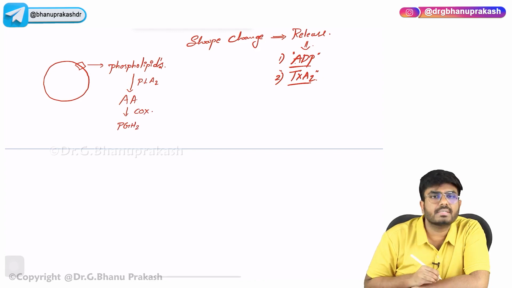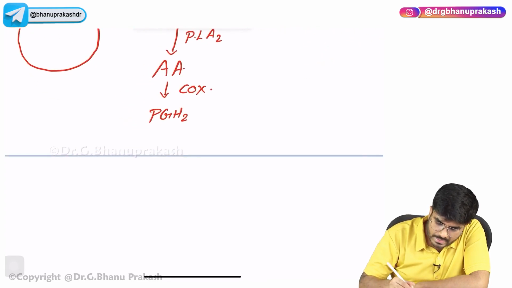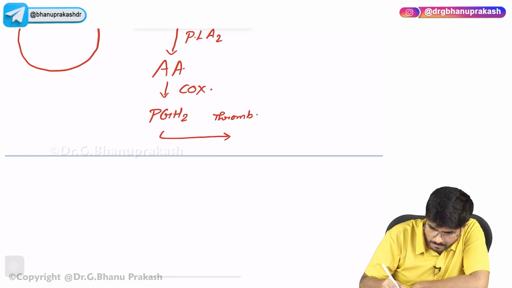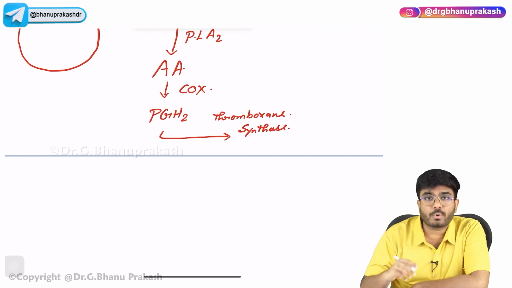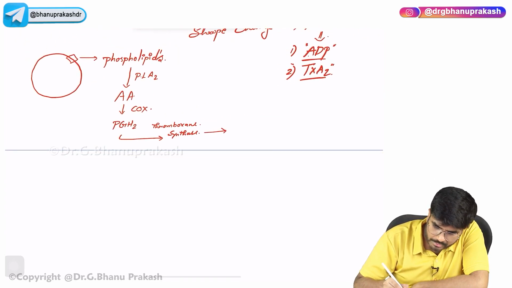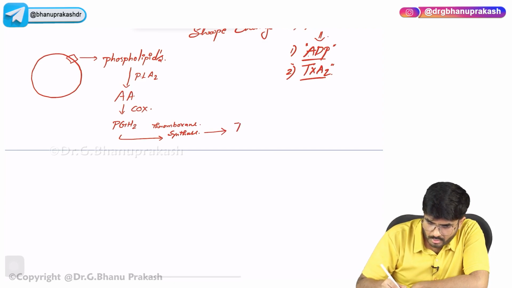Now these prostaglandins will enter into the thromboxane synthase pathway. Whenever these prostaglandins are acted upon by thromboxane synthase, who is going to be produced? Thromboxane A2.